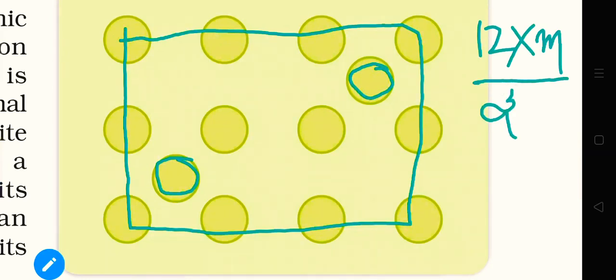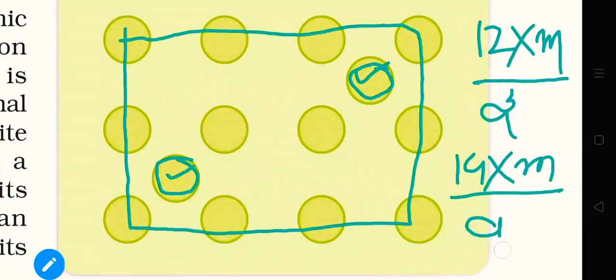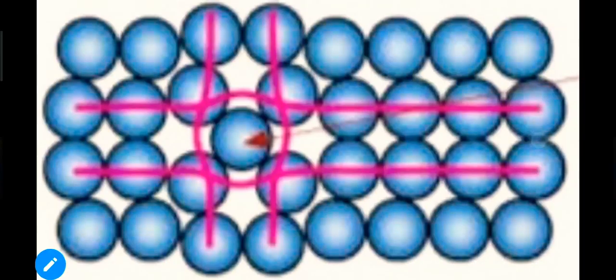But with the defect, these two particles are added, so total particles will be 14 multiplied by the mass of a single particle divided by a cube. So this one is the crystal without defect, and this is with defect. As we can see, the number of particles increases, that's why mass increases, and because of increasing mass, density increases. So this defect will increase the density of the substance.